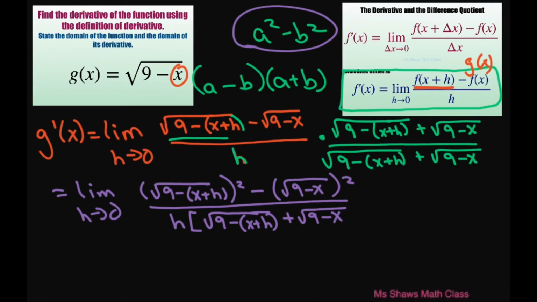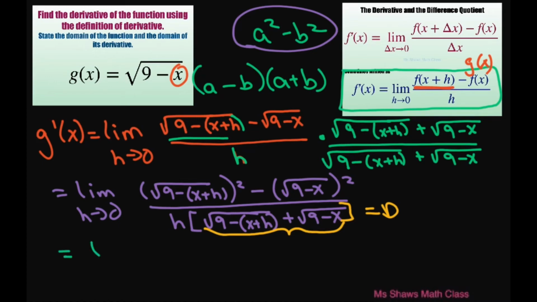Now, this is to save time on the video. I'm going to let this piece right in here for now equal d, because we're going to have to keep copying it down and it's going to waste time for the video. So let's get to the numerator.